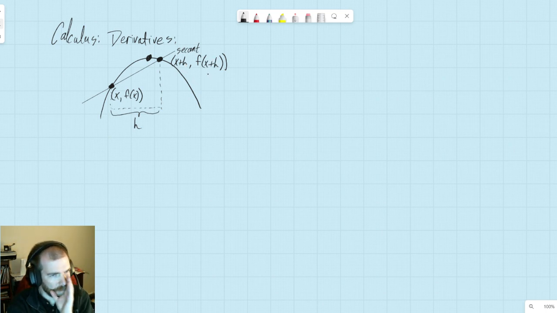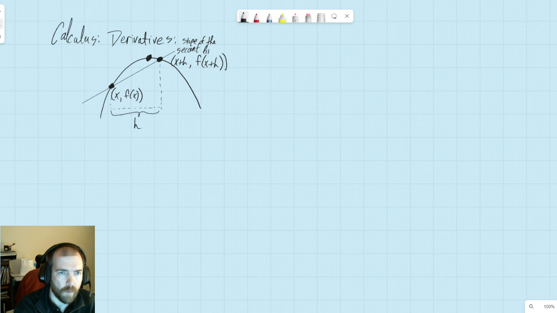And the point here is to try to find the slope of the secant that goes through these 2 points.